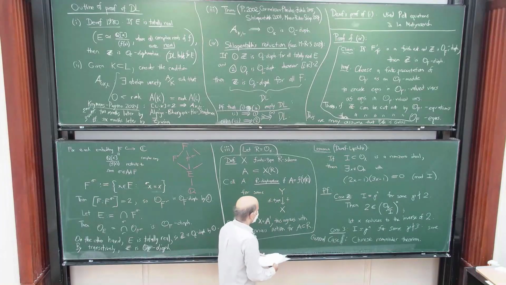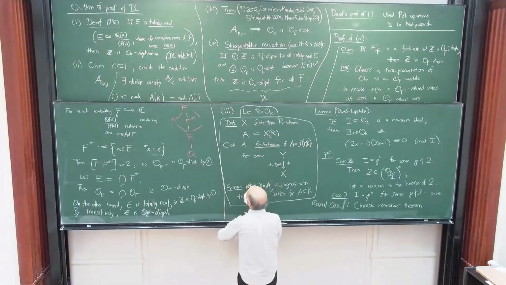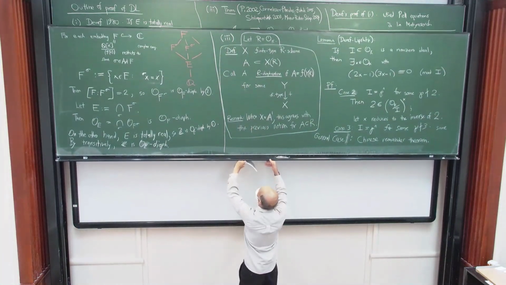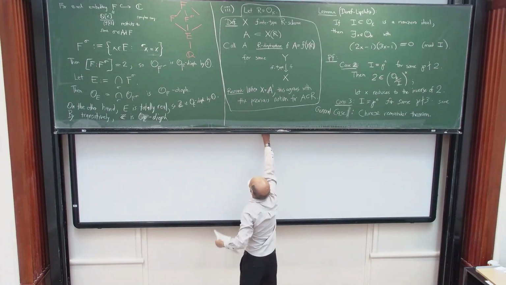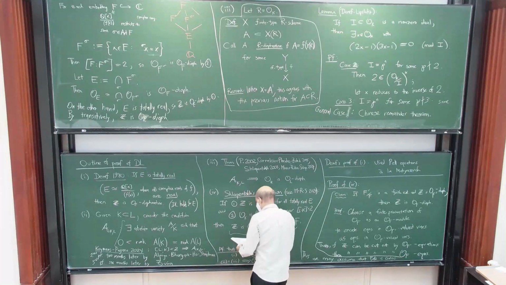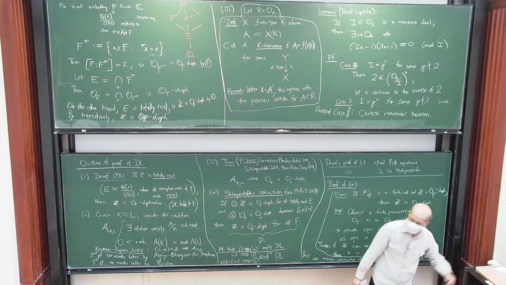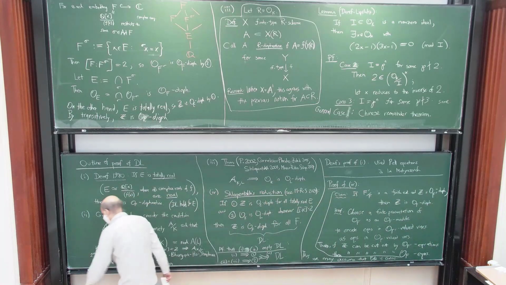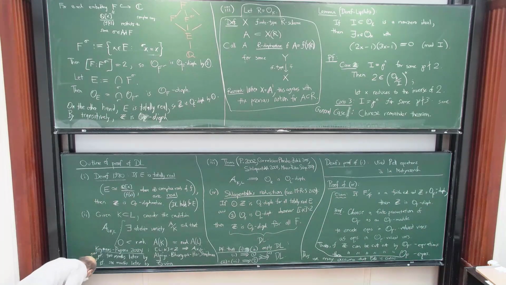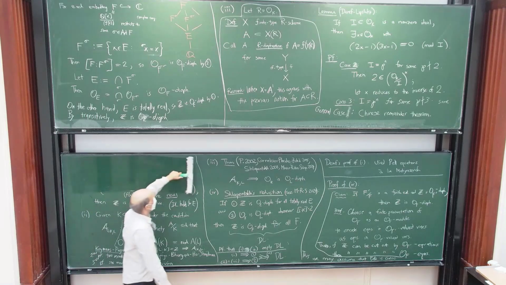Okay, and now why did Denef and Lipschitz want to prove this? Well, they were trying to show that the property of being non-zero is Diophantine, which is not an obvious thing.